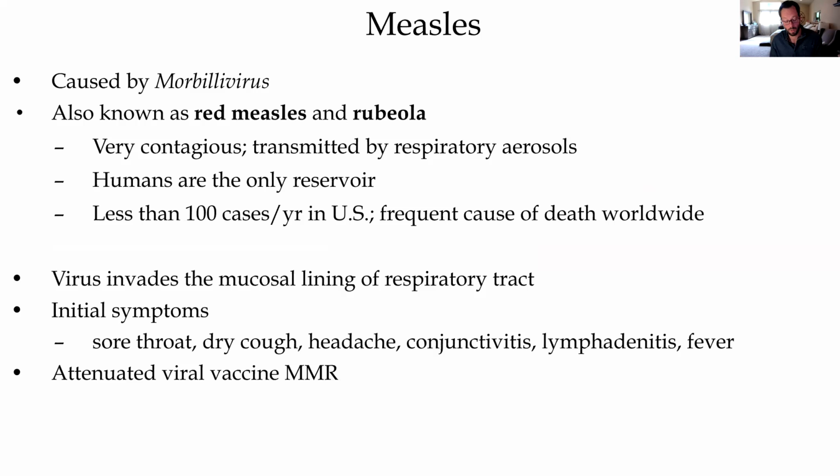The paper has since been retracted because it was shown that the data was manipulated. But that manipulated data, I believe, was showing a link to the MMR, the vaccine that treats measles, mumps, and rubella.